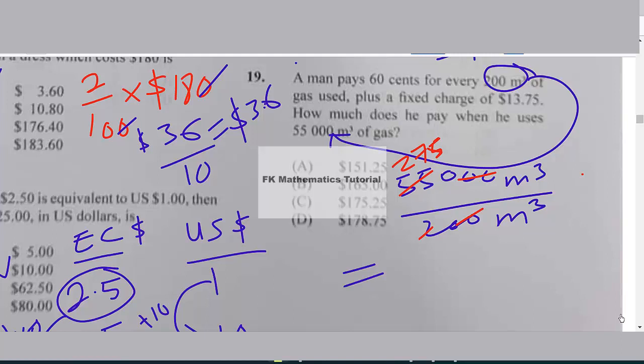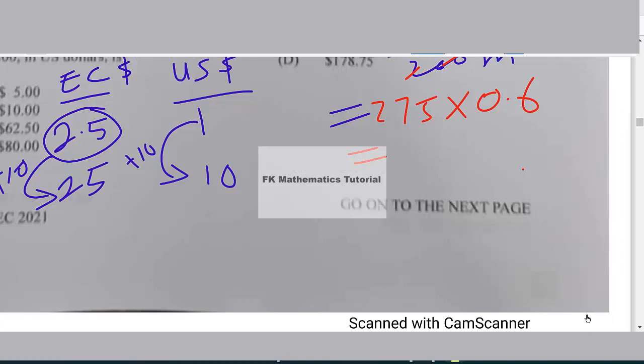Now what do we do next? We need to now calculate the amount you pay, which is 275 times 60 cents, and that will be equal to 165. But he must pay a fixed price of 13.75.